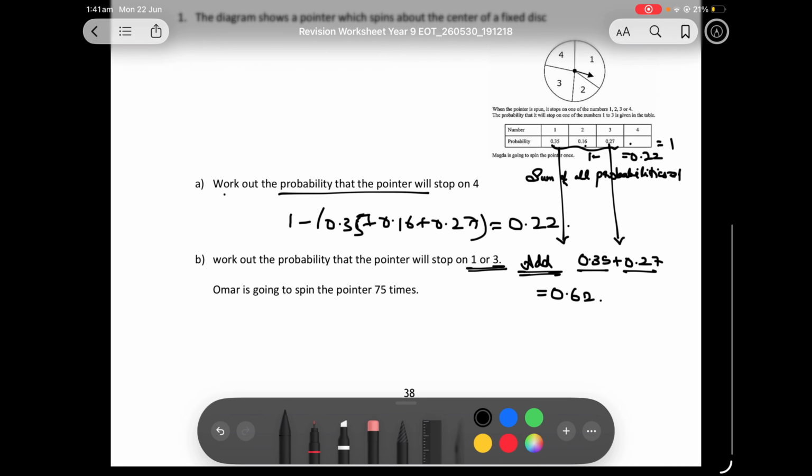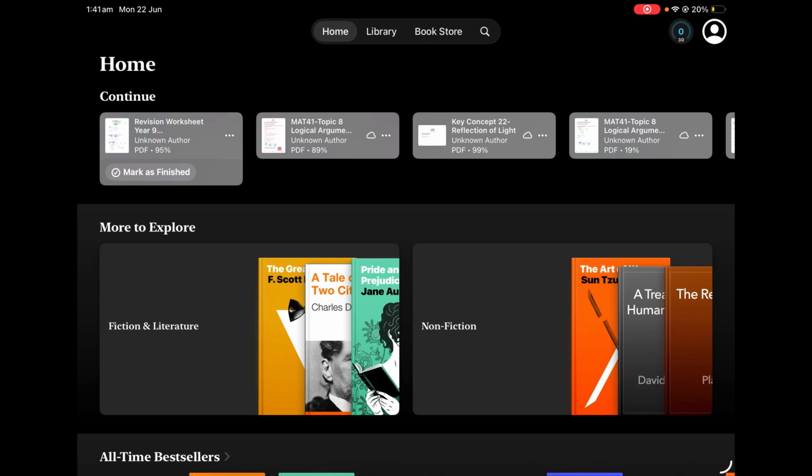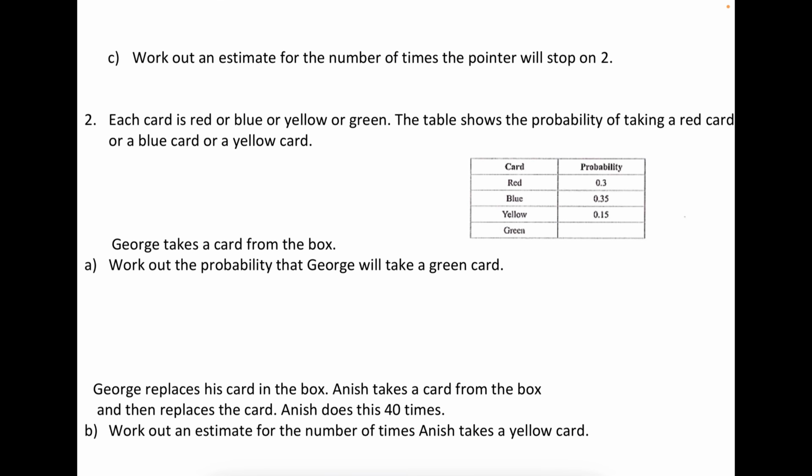Then it says Umar is going to spin the pointer 75 times. Work out an estimate of the number of times the pointer will stop on 2. So what is the probability of 2?